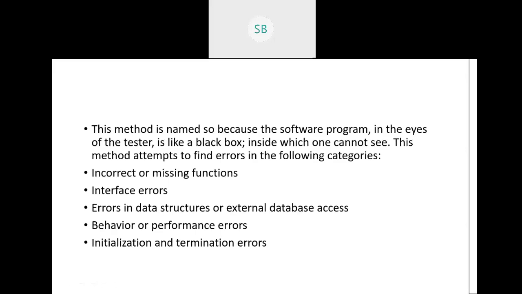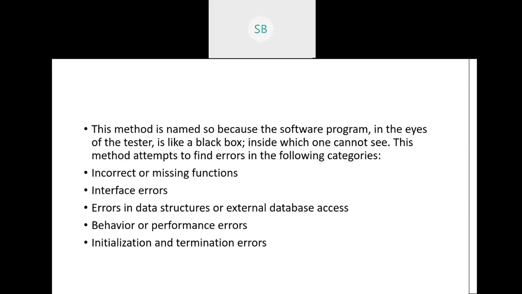Now let's check what are the functionalities, what are the errors that are able to be detected by this kind of testing, this black box testing. Okay, so if there are any missing values, you are able to detect them using the black box testing. Then interface errors. So if you are facing any problem with the interface, then also any data structure that the coder has implemented in a wrong way.